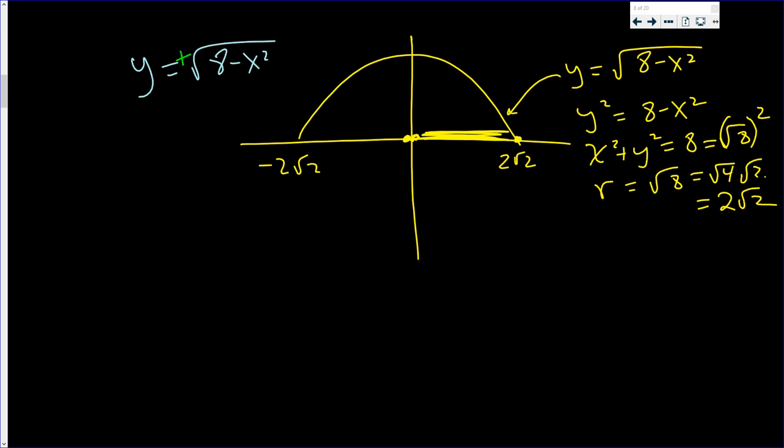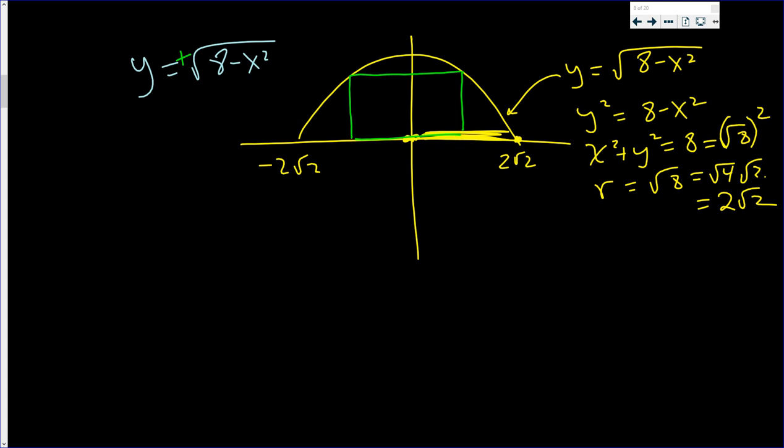All right. The question is, what is the largest rectangle you could inscribe in here? How is a rectangle defined?